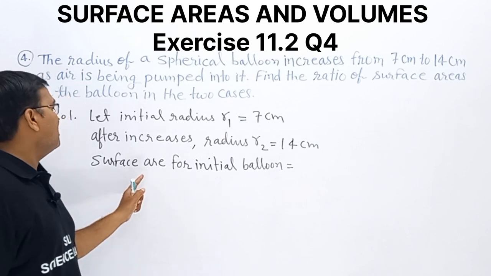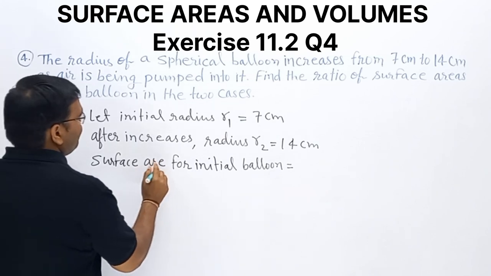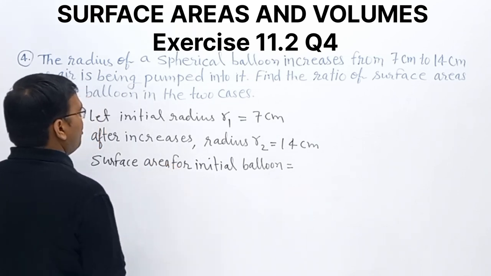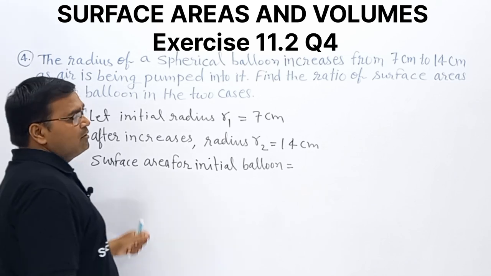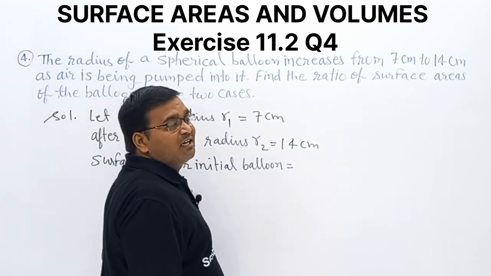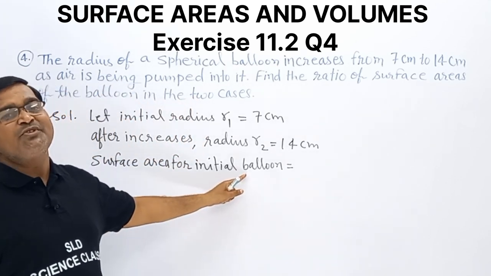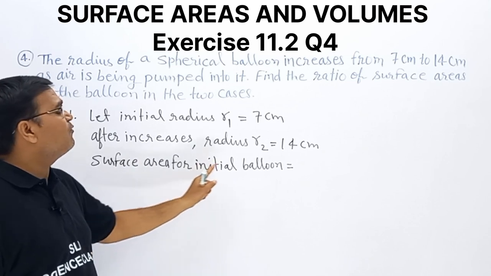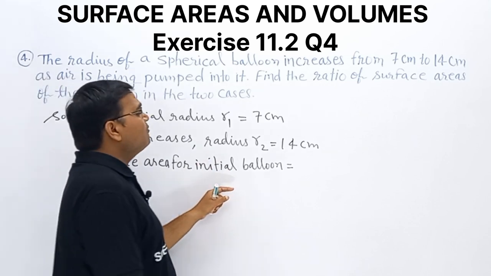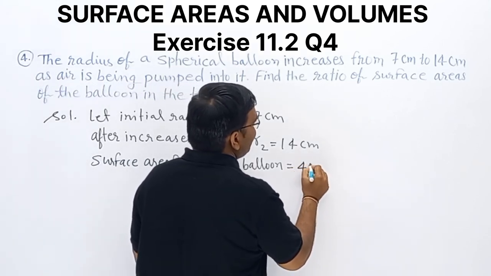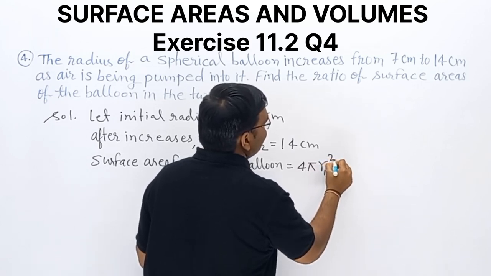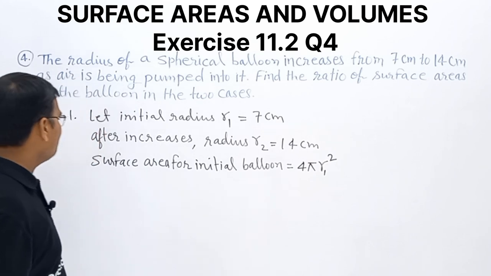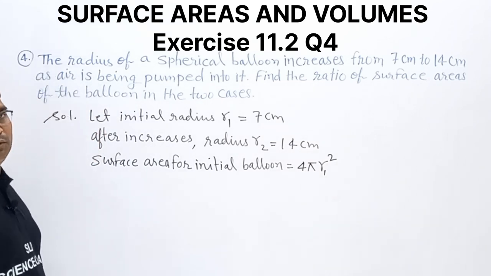The balloon is in the shape of a sphere, so the surface area of a sphere is 4 pi r square, and initially we have radius r1, so 4 pi r1 square. Clear? This is the surface area of the initial balloon.